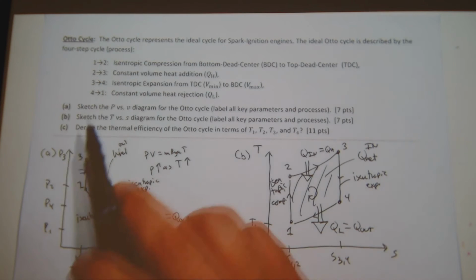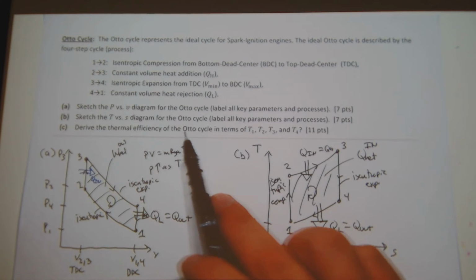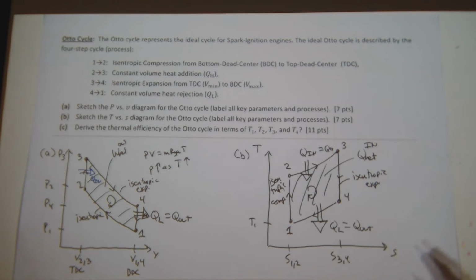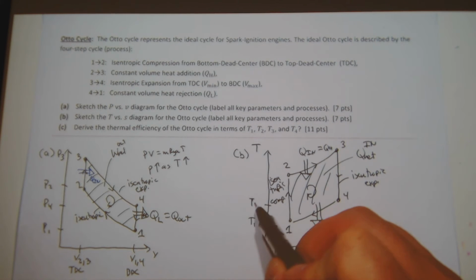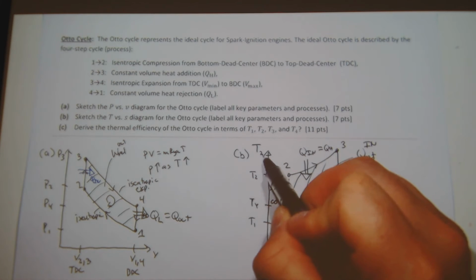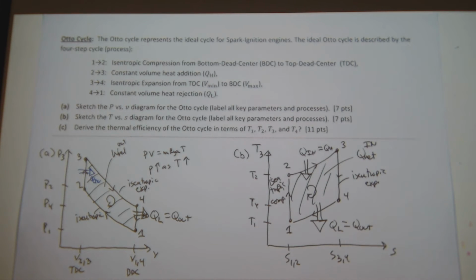So the next part of the problem is derive the thermal efficiency for the Otto cycle in terms of T1, T2, T3, and T4. So I probably should put my labels there.